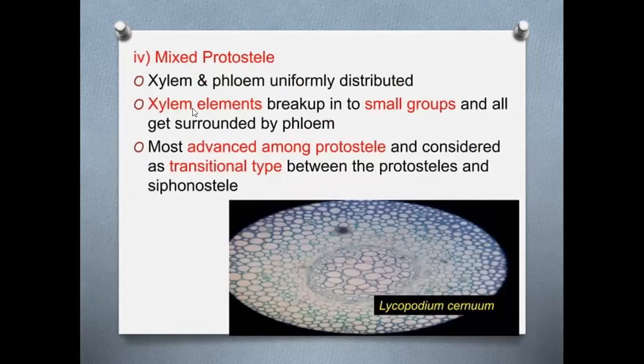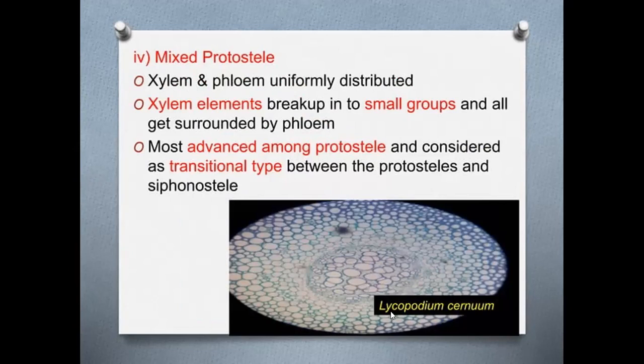Okay. So what is mixed protostele? It is the uniform distribution of xylem and phloem in the stellar region, where the xylem elements are broken into small groups like this.